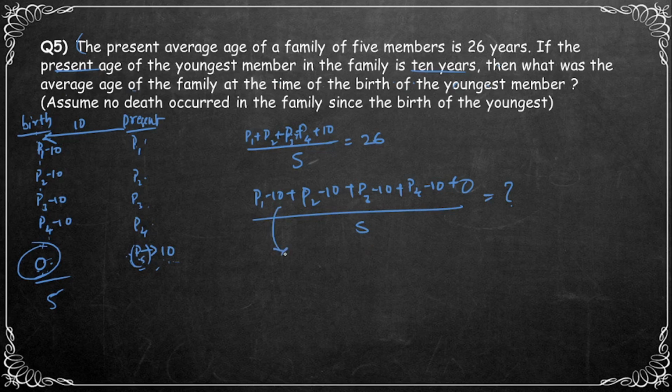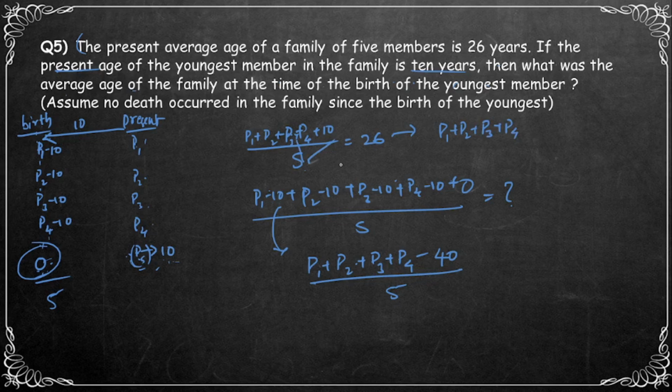If I take the variables at one place, this is P1 plus P2 plus P3 plus P4, minus 10 minus 10 minus 10 minus 10, which is 40, divided by 5. We already have P1 plus P2 plus P3 plus P4 from the earlier equation.